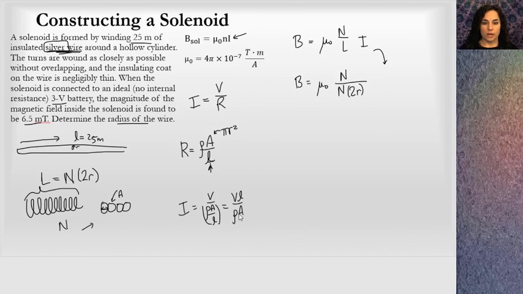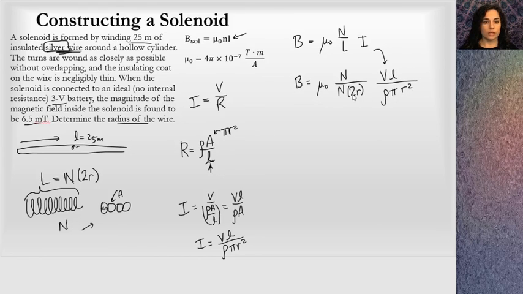Okay, A I can plug in as well. So I get V pi r squared over rho l. Very good. So let me plug that in up here. V pi r squared over rho l.